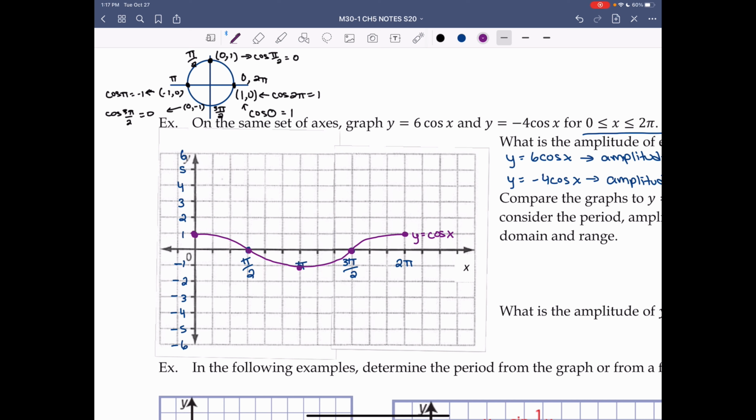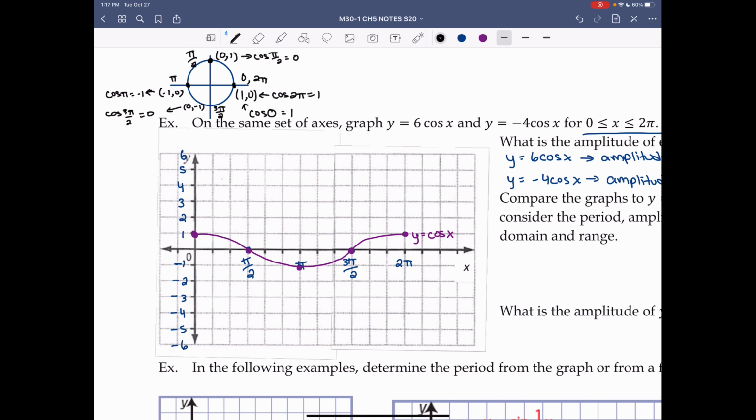Next, we want to graph y equals 6 cos x. Using transformations, our a value is a vertical stretch factor, so we take the y values at each of our points for y equals cos x and multiply them by 6 to graph y equals 6 cos x.